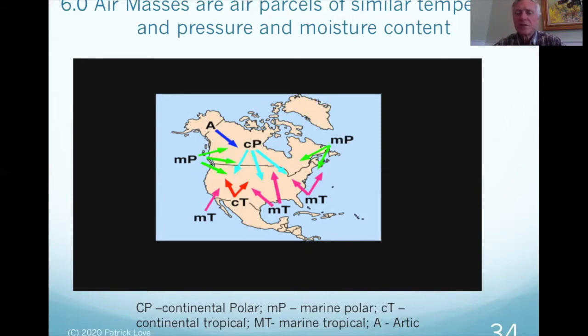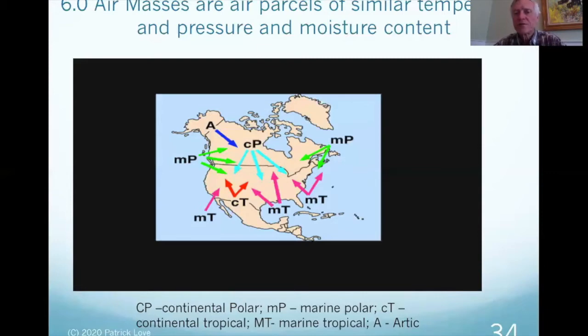And what you can see here, we've labeled these. These are very general labels, but they refer to air masses which tend to have certain properties. So continental polar, as you can imagine, is going to be cold, probably dry, because cold air doesn't hold a lot of moisture, and it's over the continent that it equilibrated, so it's equilibrating with land.